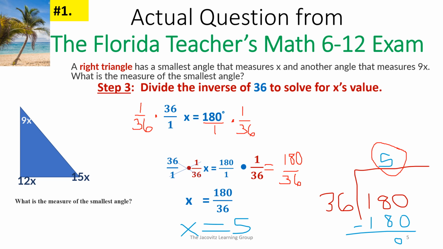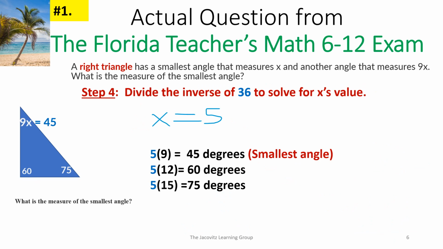Now listen, you are not finished. You have to take back to your originals and multiply this out. 5 times 9 is 45. 5 times 12 is 60, and 5 times 15 is 75. So those are your Pythagorean triplets, 9, 12, and 15.